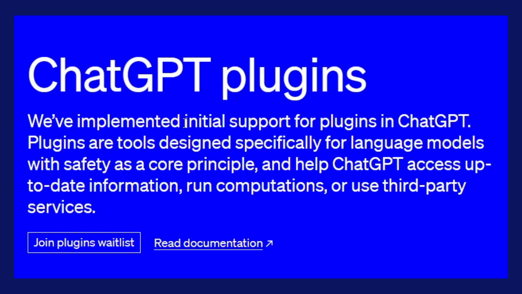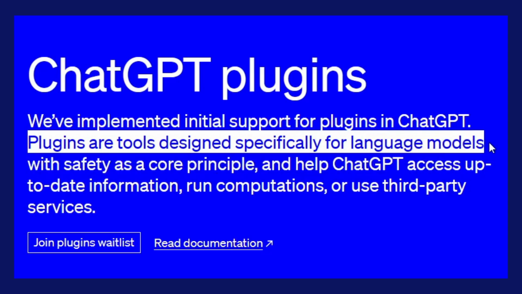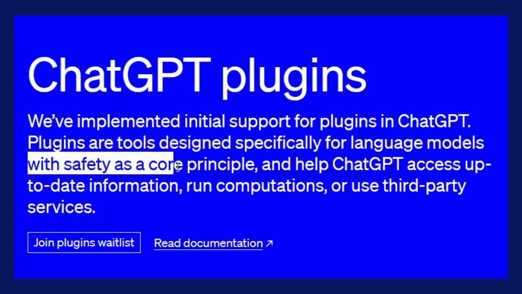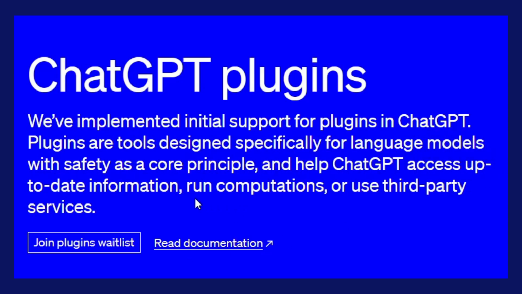Here we have implemented initial support for plugins in ChatGPT. Plugins are tools designed specifically for language models with safety as a core principle, and help ChatGPT access up-to-date information, run computations, or use third-party services, like other companies which build on ChatGPT.